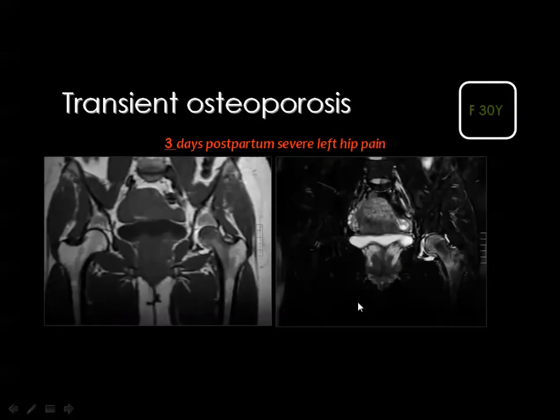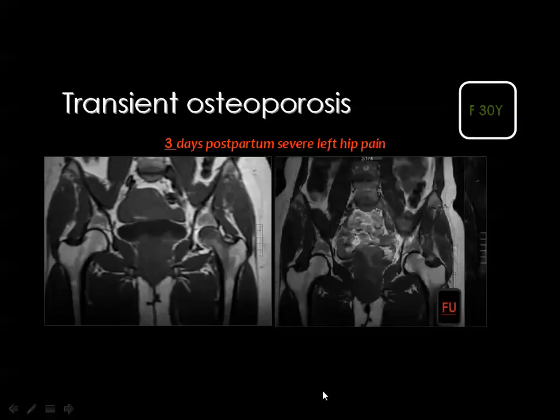Here is an example of migratory osteoporosis of the left hip, showing diffuse low signal in the femoral head and neck in the T1 weighted images with increased signal in the STIR image. Also note the presence of synovial effusion within the affected hip.